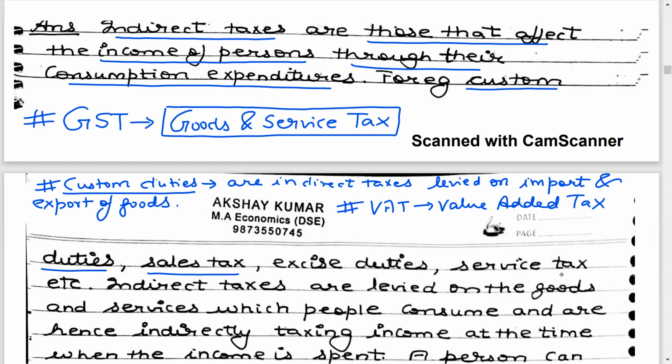But now, if we talk about the current scenario, particularly the Indian economy, we don't have VAT as well. All these are replaced by goods and service tax. Okay, so I hope that students are clear with this.